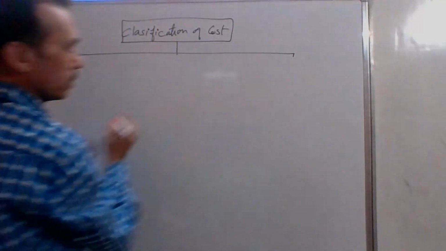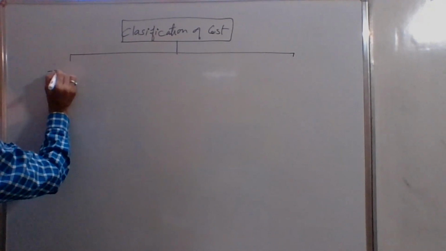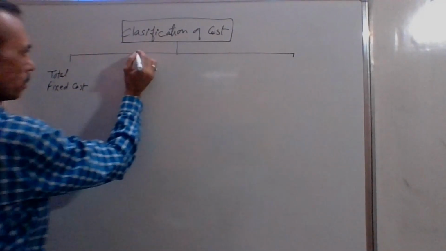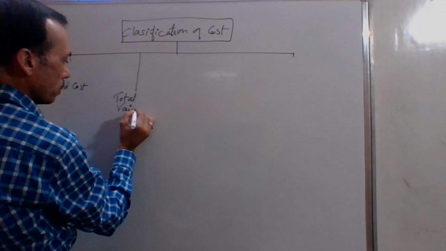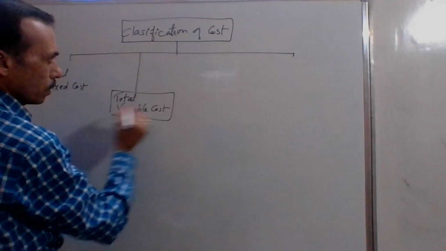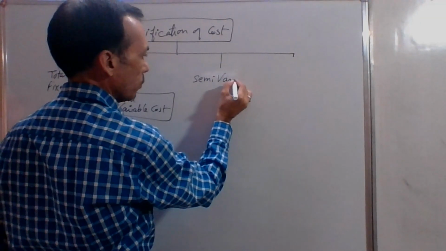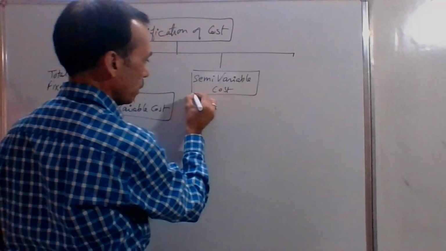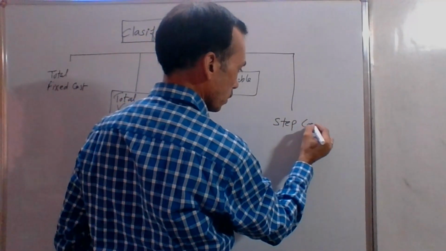These are total fixed cost, total variable cost, semi-variable cost, and step cost.